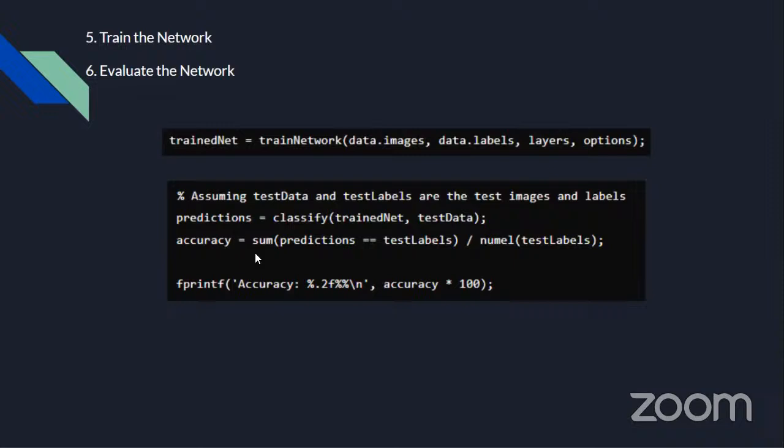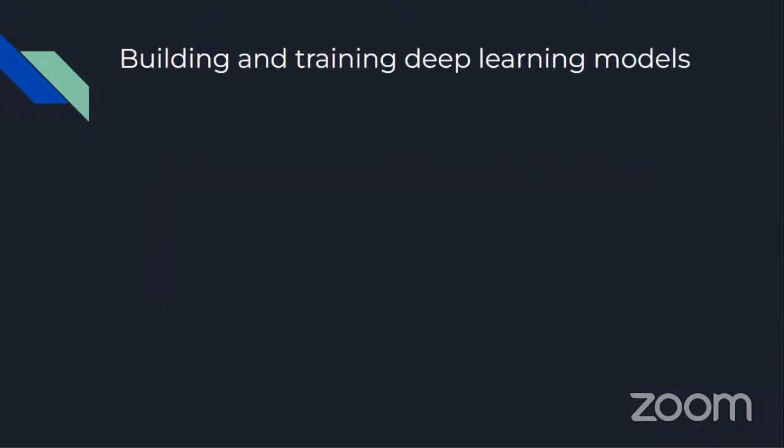And then you can check the accuracy. These are the basic steps for how you can build a CNN. We have tried to build it from scratch. This is one approach of building or training a deep learning model.